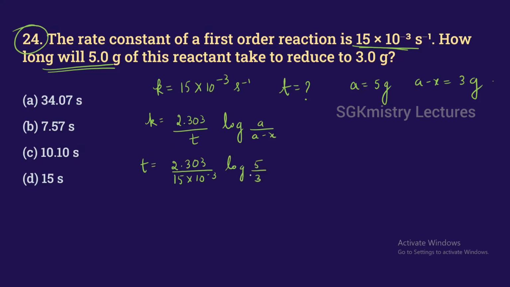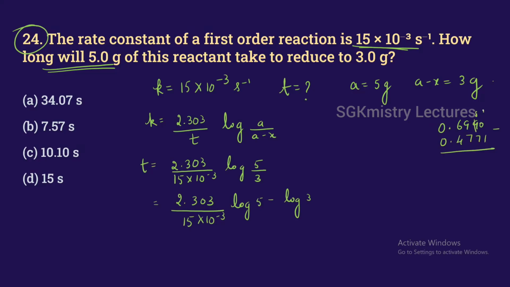This log of 5 by 3 can be written as log 5 minus log 3. So we have 0.6990 minus 0.4771, so 0.2219.